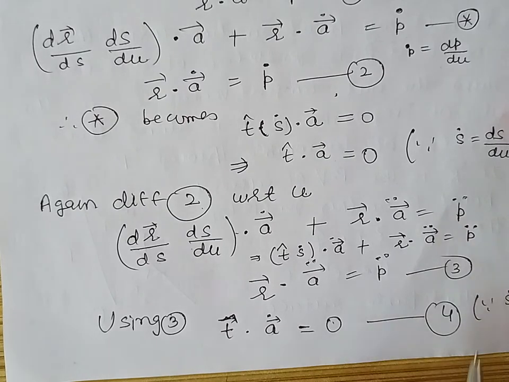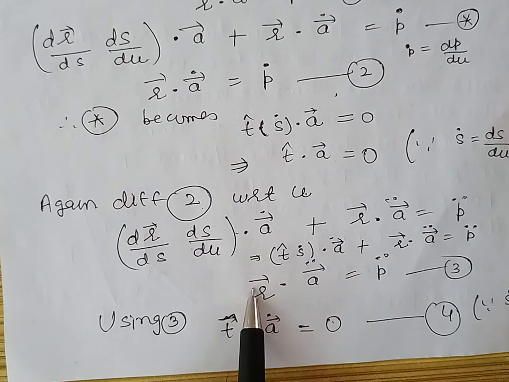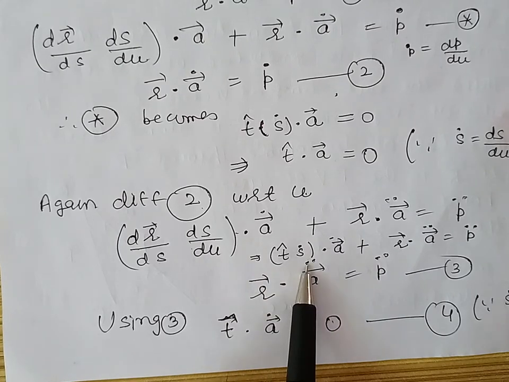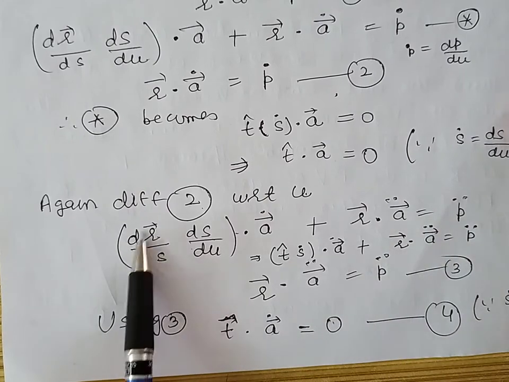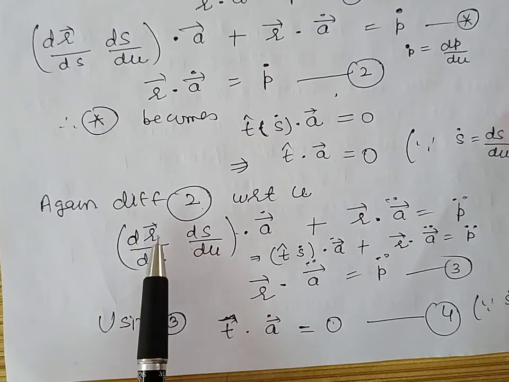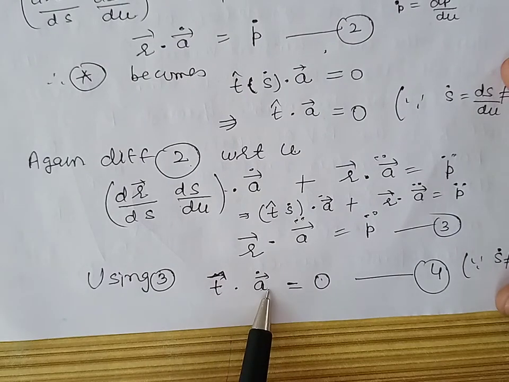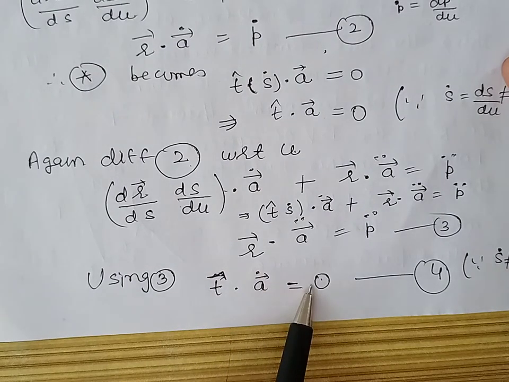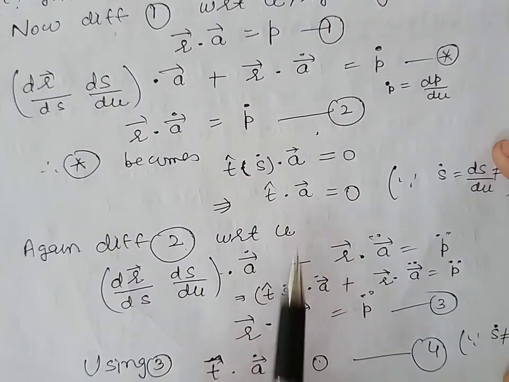Now again using equation 3, r dot a double dot is p double dot, so these two terms will be cancelled out, this is t cap, this is s dot. So finally this equation gives us t dot a dot is equal to 0, because s dot is not equal to 0. Thus finally we have obtained these two equations.